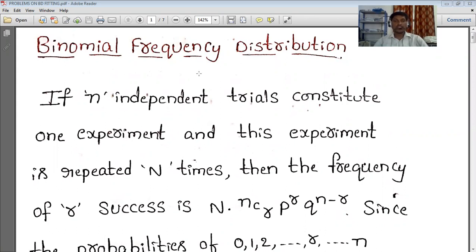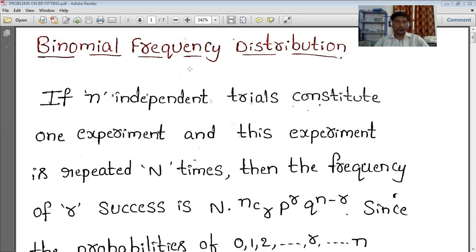Here the unit is discrete probability distributions, which are theoretical distributions. It means theoretical distributions are nothing but frequency distributions. It means observed frequencies are already there in the data, but we can easily calculate by using these distributions.